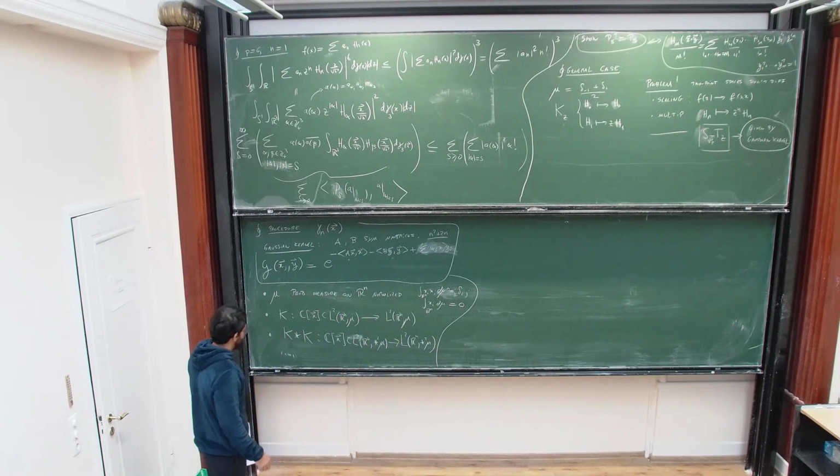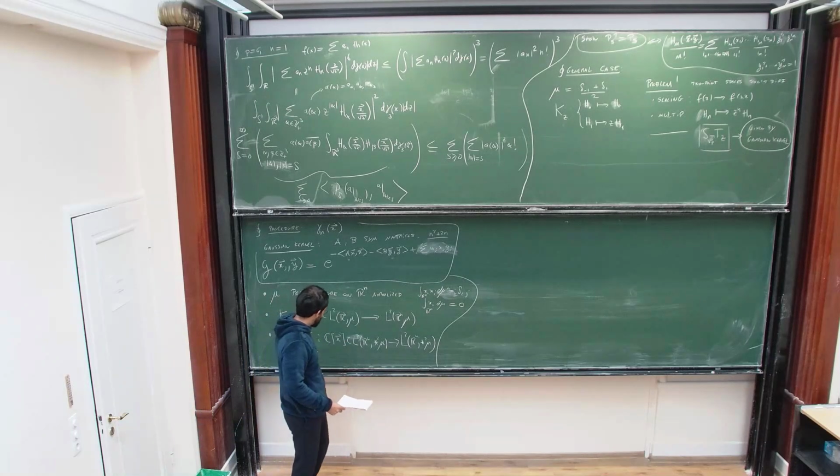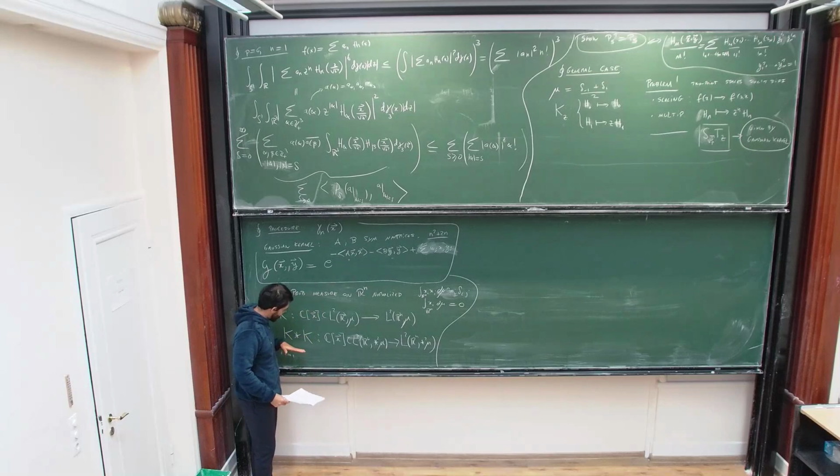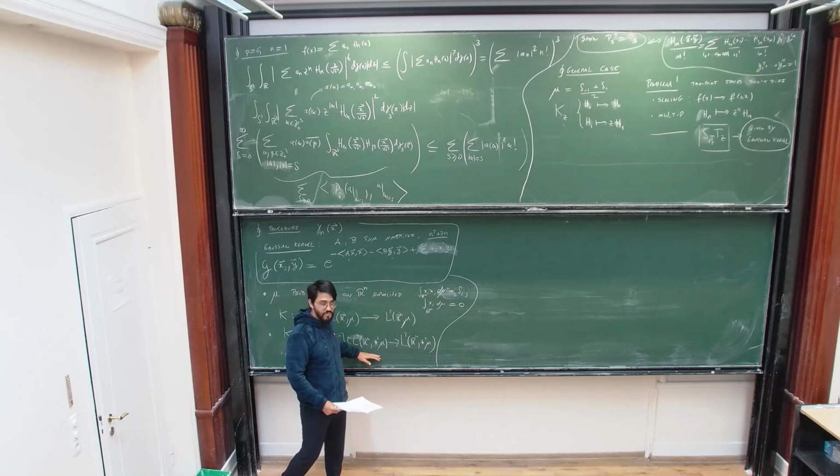You take the convolution of the measure with itself, it's another measure on R^n, and you want to define the notion of an operator which convolves with itself, which defines a new space.